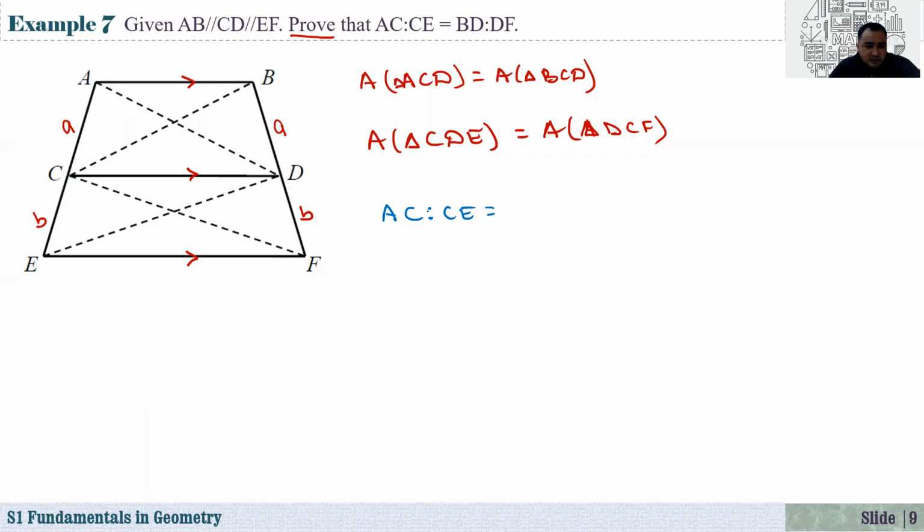AC to CE is just equal to A over B, right? Or simply it's A to B. And also that's equal to BD to DF, right? It's the same thing, right? Because of these areas, A to B, right? What is A to B? Again, that's equal to just BD to DF.